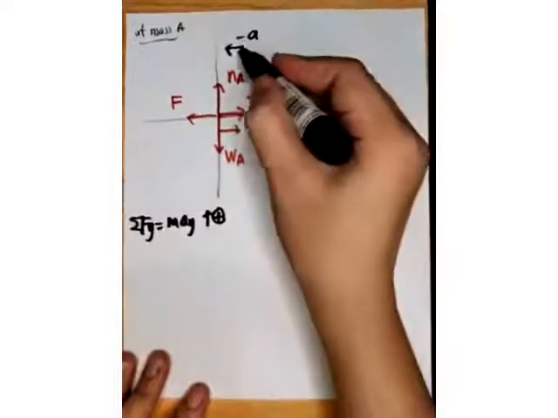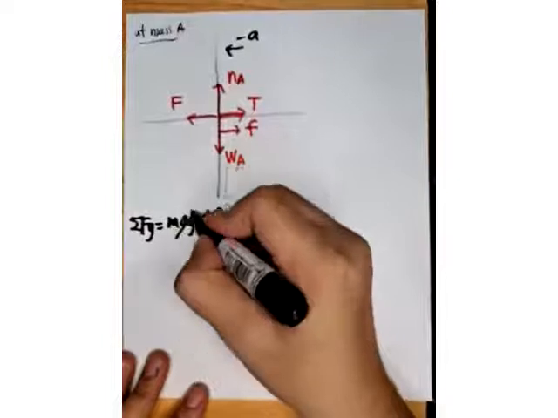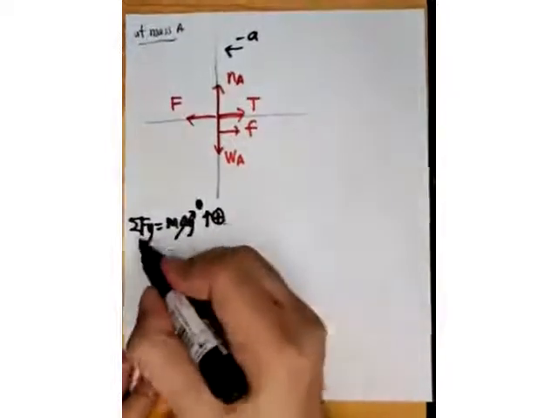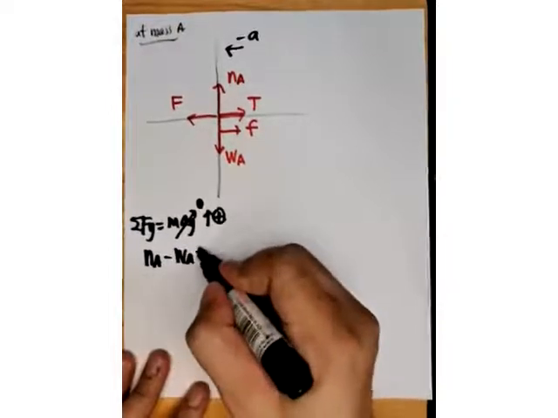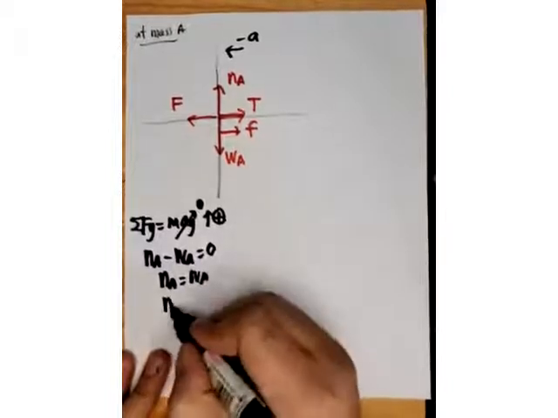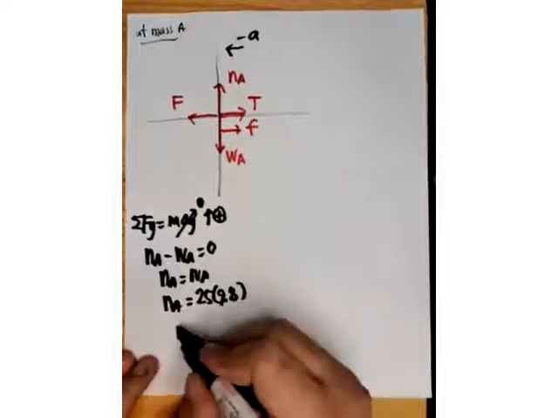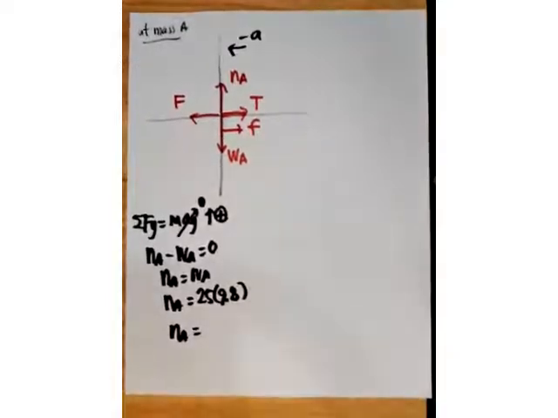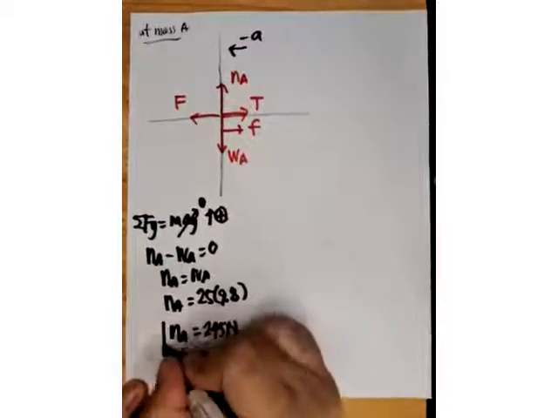But since we have no acceleration along y, it's purely along x because it only moves to the left, this is 0. So N A minus weight A is equal to 0. N A is equal to weight A, which is 25 times 9.8. So N A is still 245 newtons.